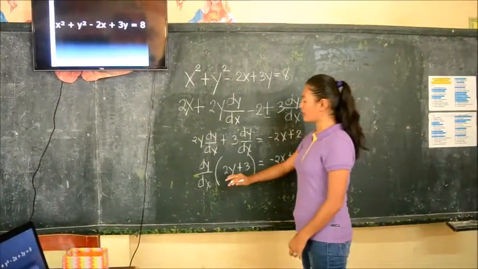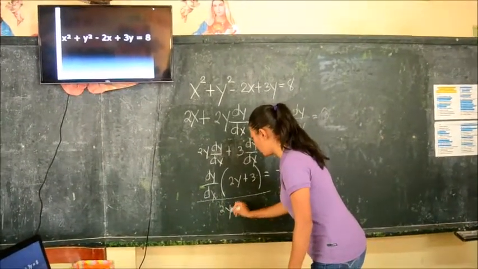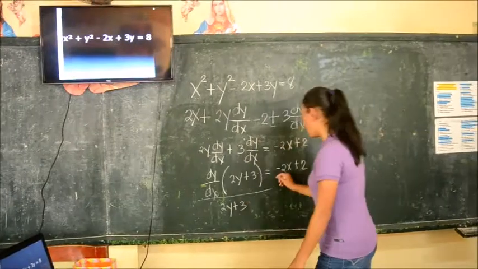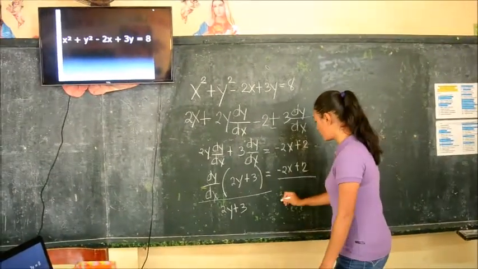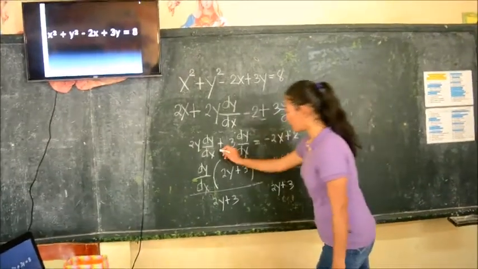Now, to get the derivative, we will divide both sides by 2y plus 3. The 2y plus 3 cancel out.